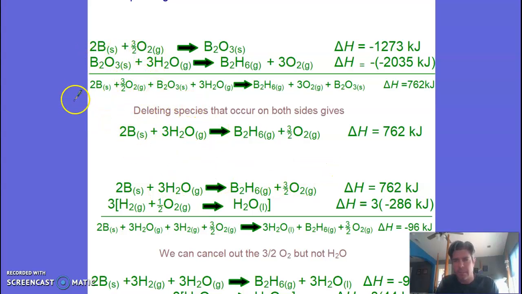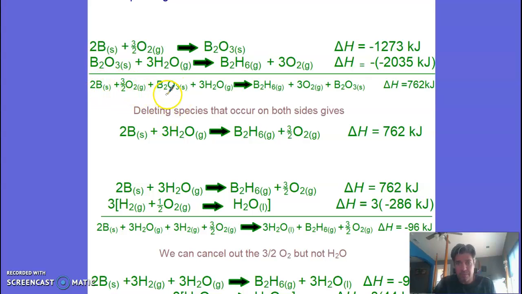If you notice, you have 2 borons, 3/2 of oxygen here. What can we cancel out here? We can cancel out some of these oxygens, right? Here we've got 2 borons.